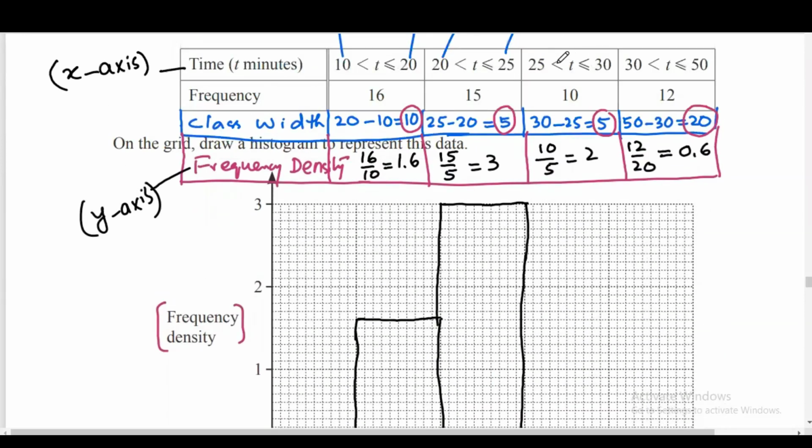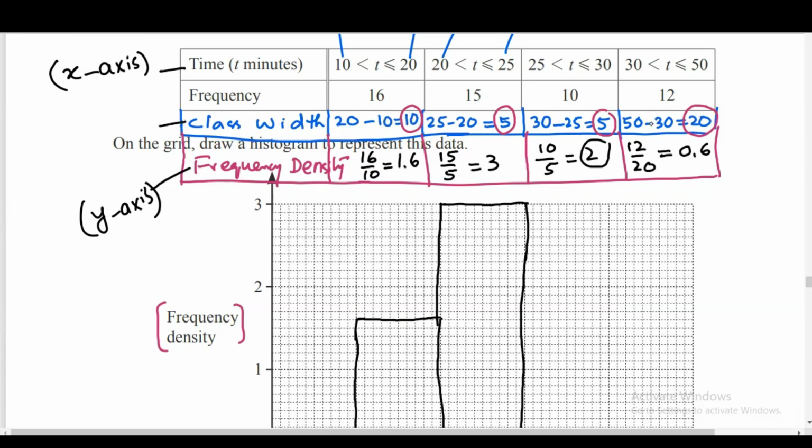In the second last class, the data is 25 till 30, and the frequency density is 2. Don't take frequency 10, take frequency density, because this data is for unequal class width.